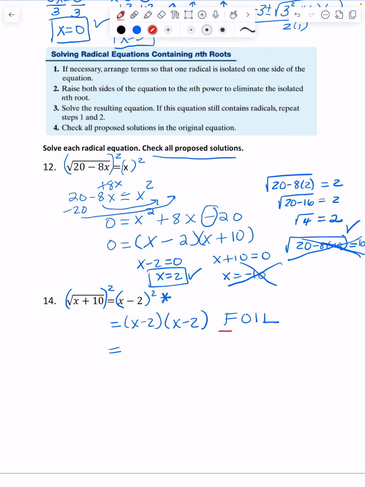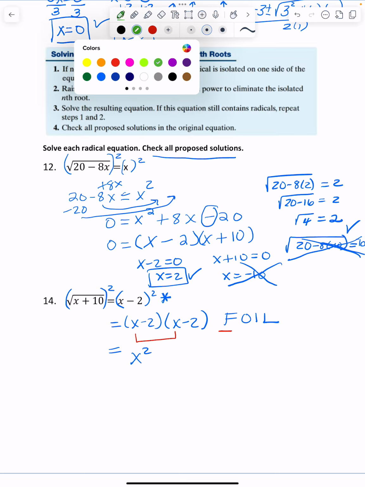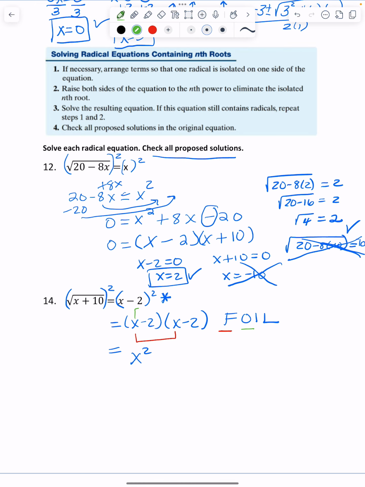So my first terms would be x times x. I get x squared. My outside terms are x times negative 2, so I get negative 2x.